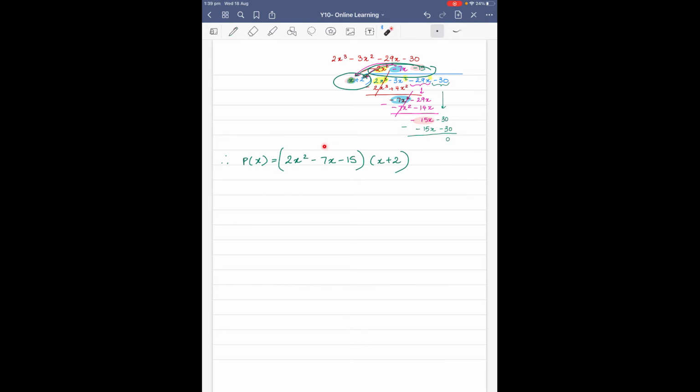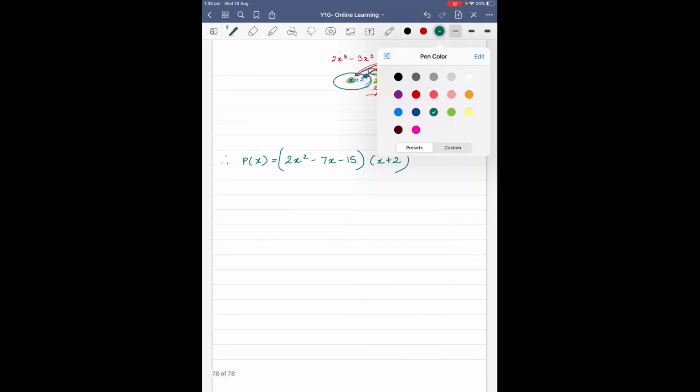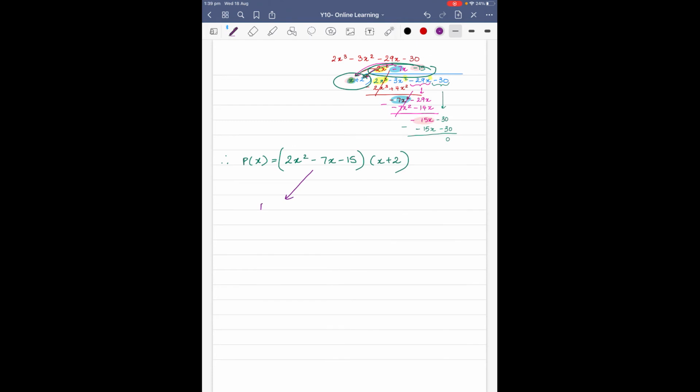However, we do not stop here. This can be further factorized. You have two options again. You can use your PSF method, the product sum factor method, or you can use your cross method. I'm going to do the cross method first because it's something I'm pretty familiar with. What two terms multiply together to give you 2x squared? We know 2x times x gives you 2x squared. Cross it. Now, what two factors multiply together to give you 15?